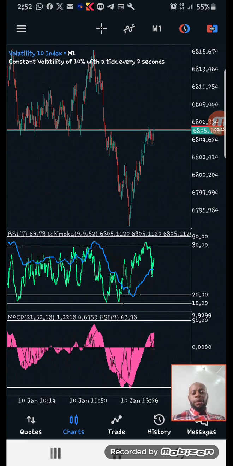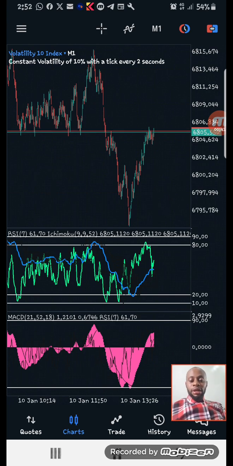A while ago, I promised to give out some free strategy, and this is one of the free strategies I'm giving out today. This strategy is for scalping. You can use it for the 1 minute time frame or at most the 5 minute time frame.